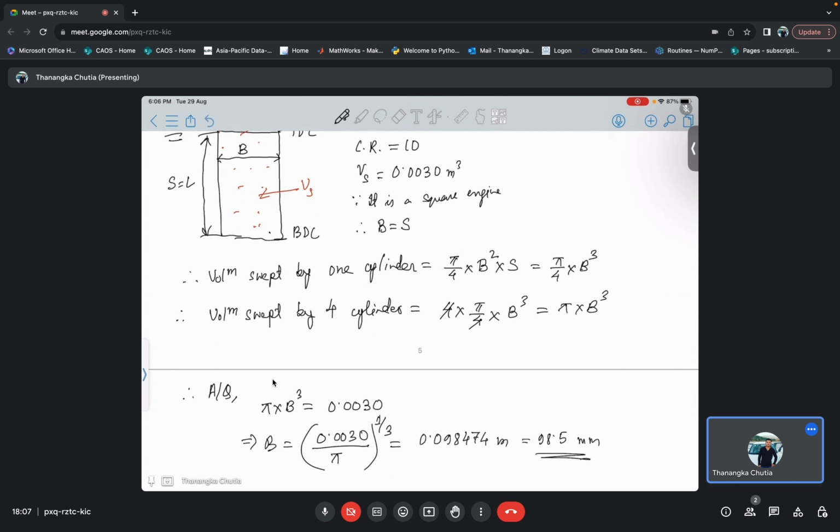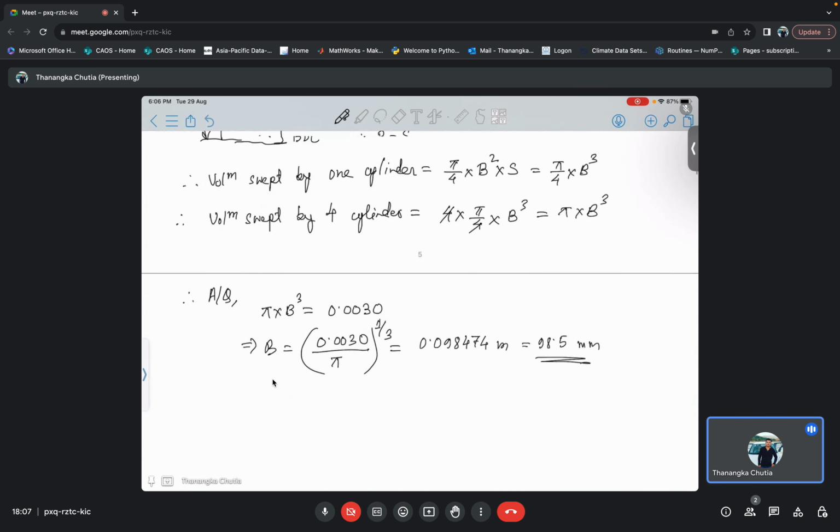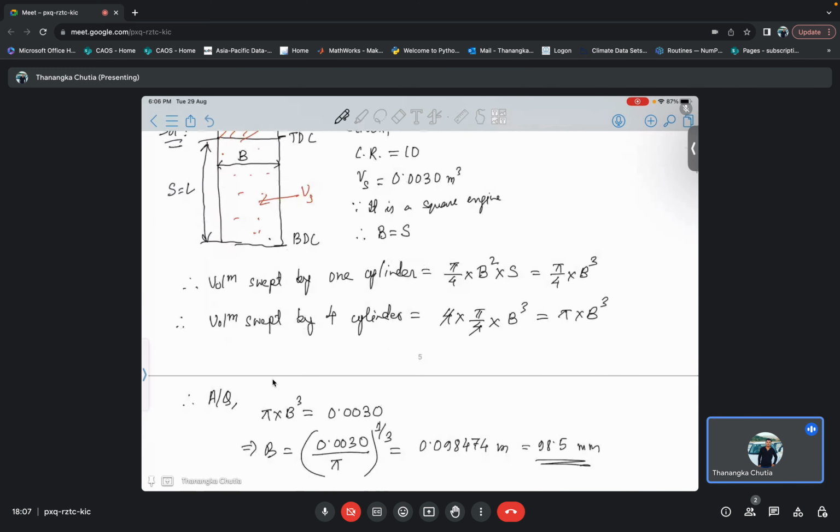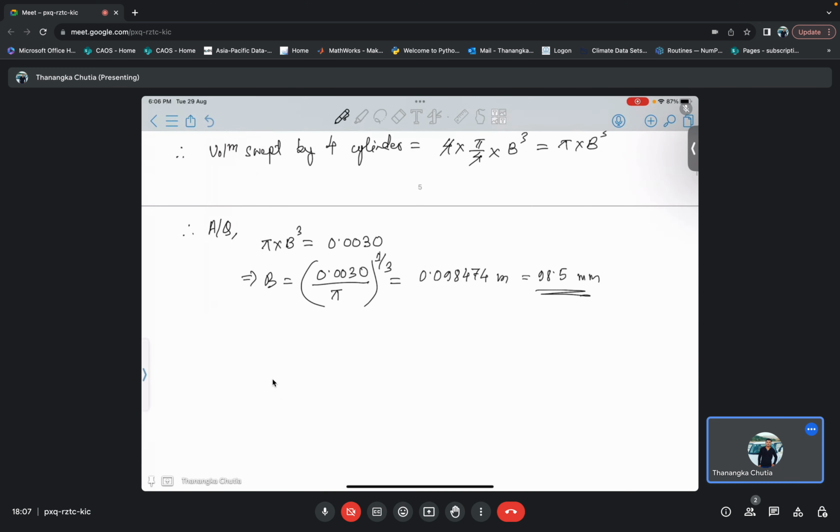So you have got the bore length. Next you have to find the stroke. Stroke is equal to bore, and that is also equal to 98.5 mm.